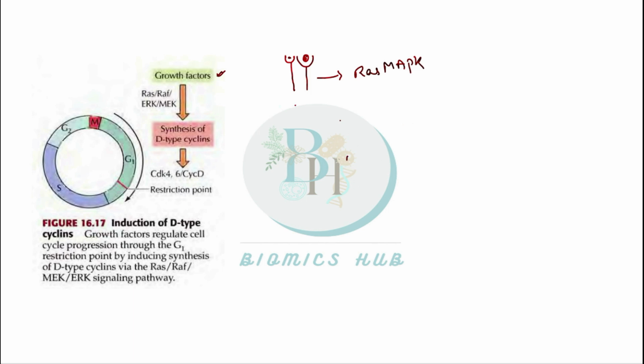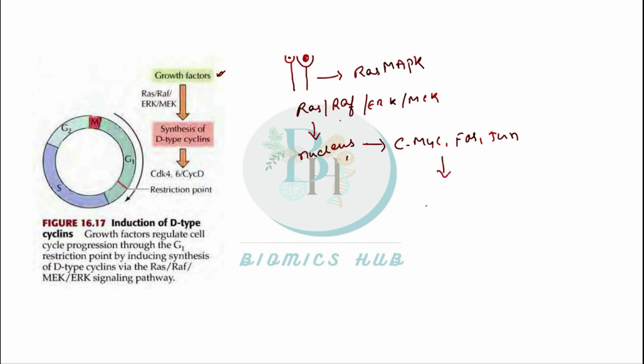It enters into the nucleus. It activates the RAS, RAF, MEK, ERK pathway, and this enters into the nucleus. After it has entered into the nucleus, it activates some transcription factors. The transcription factors are CMYC, FOS and JUN. These transcription factors help in the synthesis of some other genes.